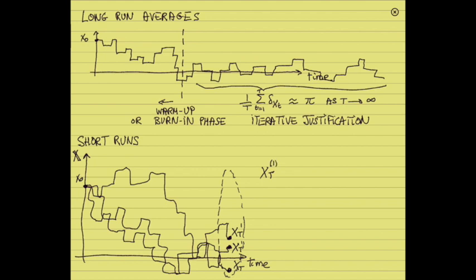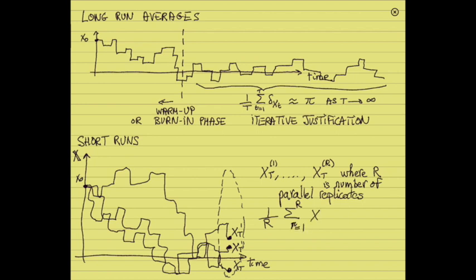So then what you can do is collect the states at time capital T, denote them by xt1 to xtr, where r denotes the number of replications that, again, you can generate in parallel. And then you could average the states xtr for all the replicates r. So you just collect one time step from each of the trajectories and you average over the number of trajectories.